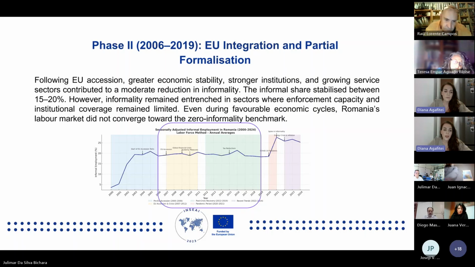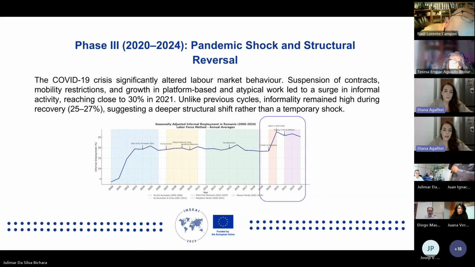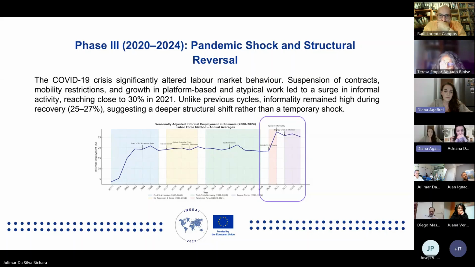And finally, we can mention the last phase, which consists of the most recent period, from 2020 to 2024, where we can see a sharp increase in the share of informal employment.